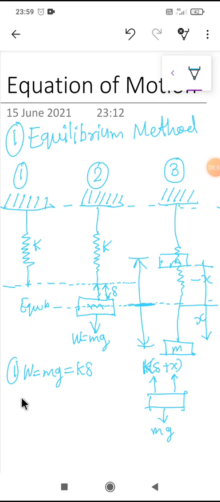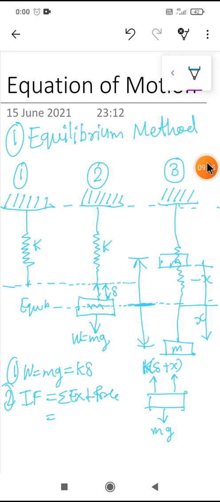So I will just write for the second free body diagram, that inertia force is equal to the sum of all the external forces. So all the forces sum will be equal to the inertia force. So what is the sum of all the external forces? We will see one by one.